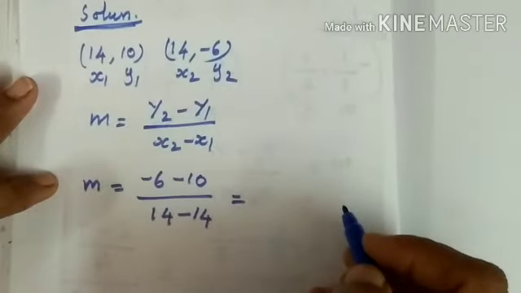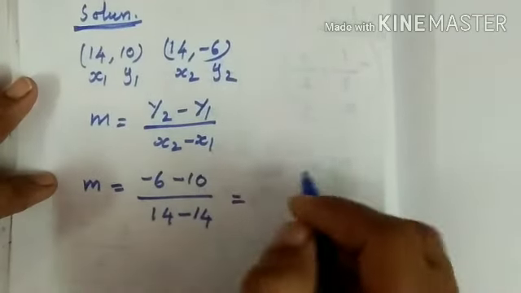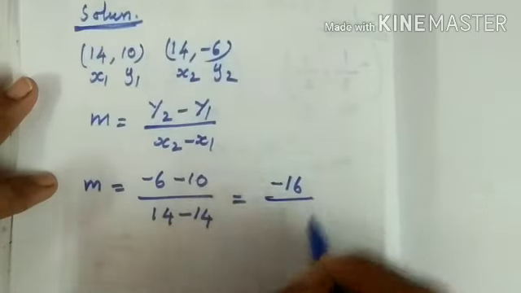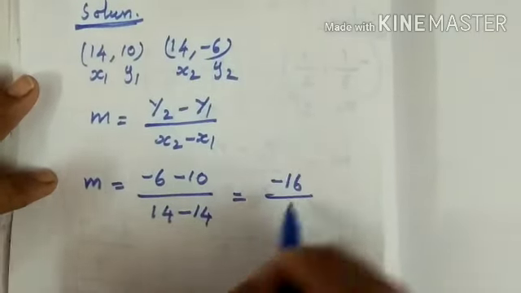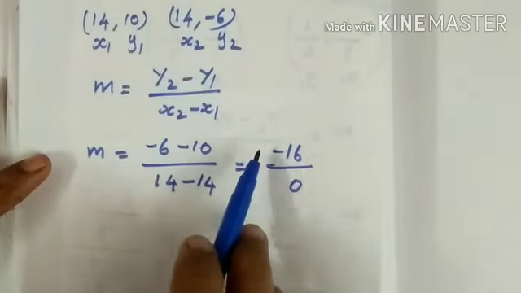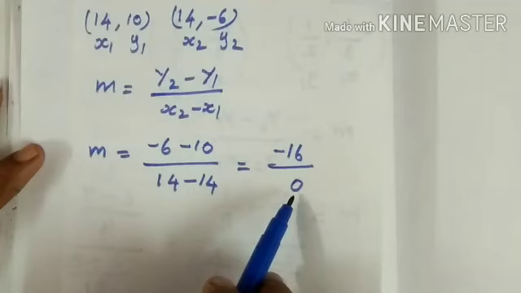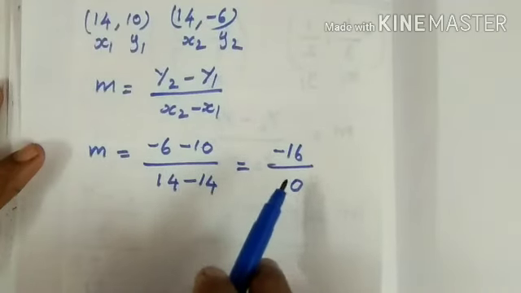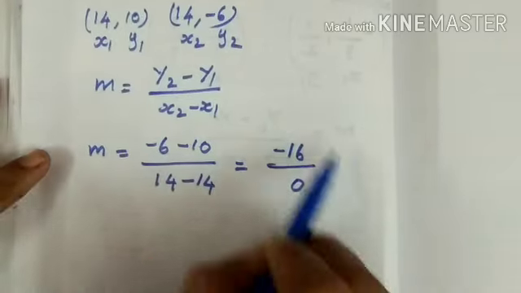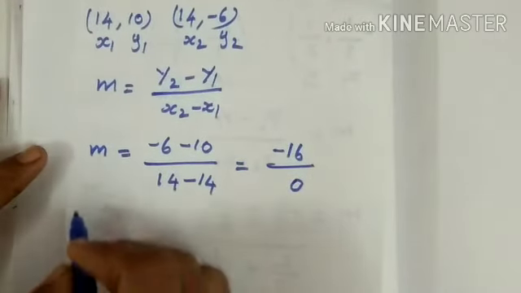Then you simplify this, means we get minus 6 minus 10, minus 16 by 14 minus 14, 0. Now you divide this, means minus 16 divided by 0. Is this possible to divide? No, this division is undefined.